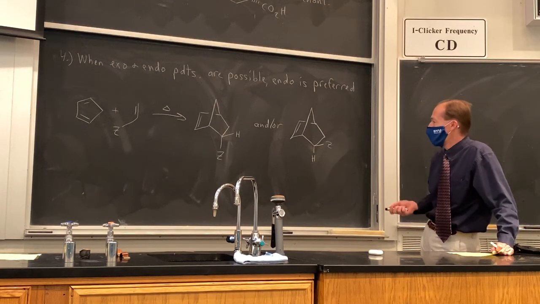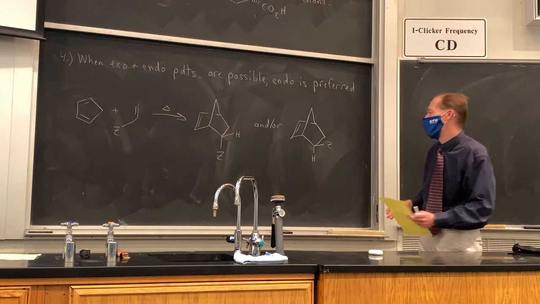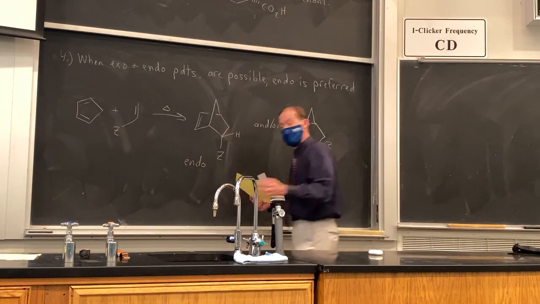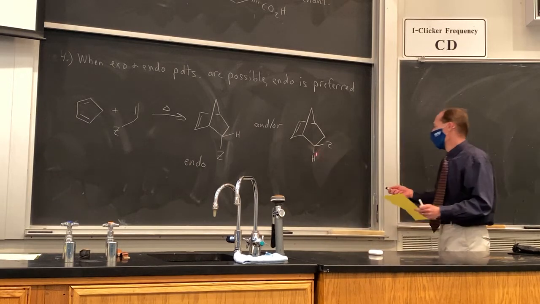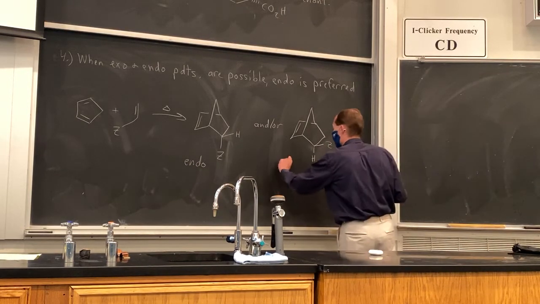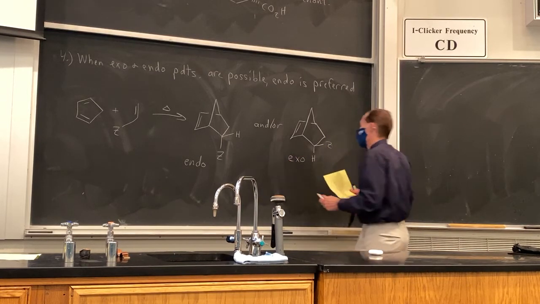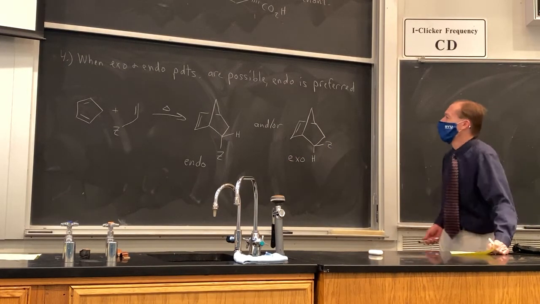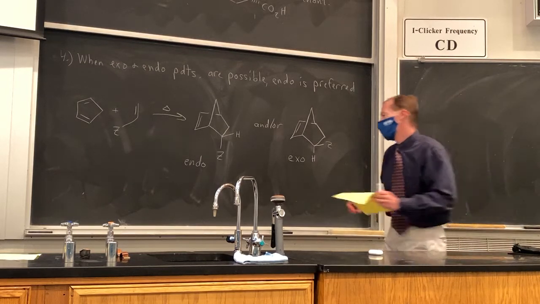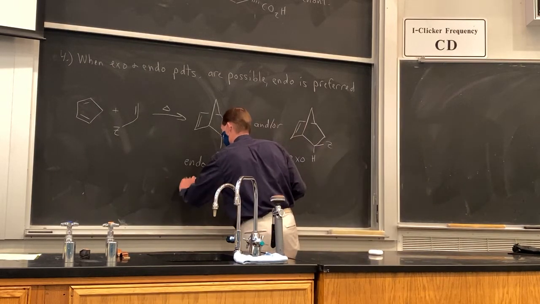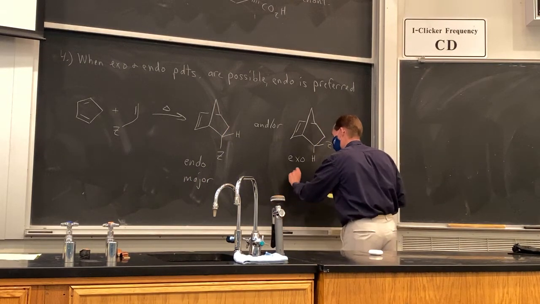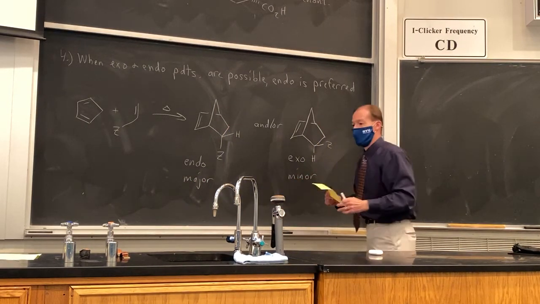If we have our substituent closest to the larger of those bridges, that is referred to as the endo product. And where we have our substituent closer to the smaller of those 2 bridges, that is known as the exo product. Okay? So this rule is telling us that the endo is going to be the major product, and the exo is going to be the minor product.